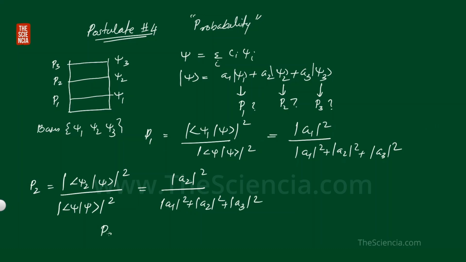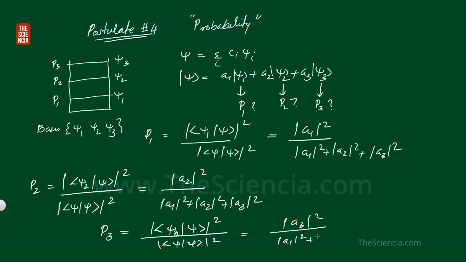Similarly, if you evaluate for P3, that is the probability of finding the particle in state 3, that is mod square of bra psi3 ket psi divided by mod square of bra psi ket psi, that is equal to mod A3 square by mod A1 square plus mod A2 square plus mod A3 square.